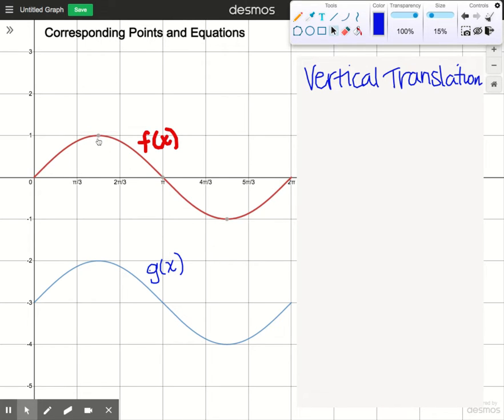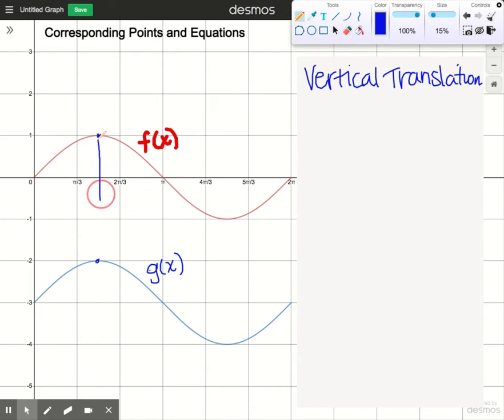So if I am going to use the maximum value here, a quarter of the way through the circle, so this point pi over 2 comma 1, the corresponding point on g of x is pi over 2 comma negative 2. Since this function moved directly down, this point became this point here, and this has that vertical translation.